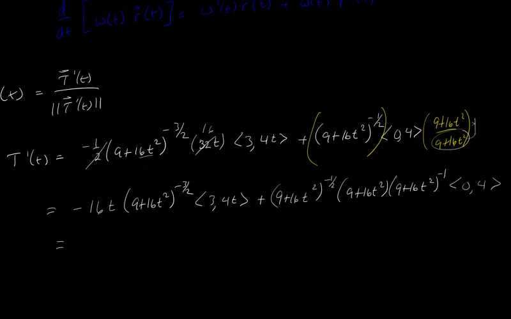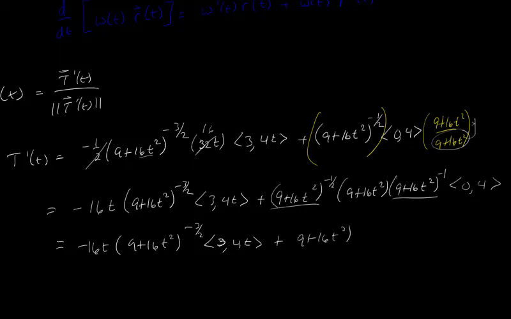So this is −16t times (9 + 16t²)^(−3/2) times ⟨3, 4t⟩, plus, when I combine these two, I add those exponents together and I get (9 + 16t²)^(−3/2) times (9 + 16t²) times ⟨0, 4⟩.